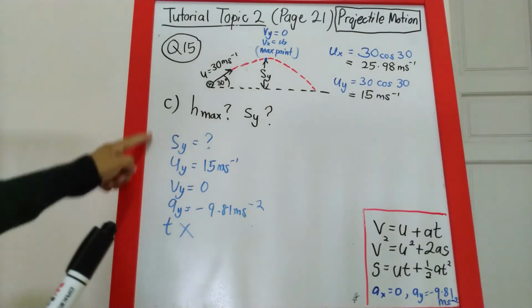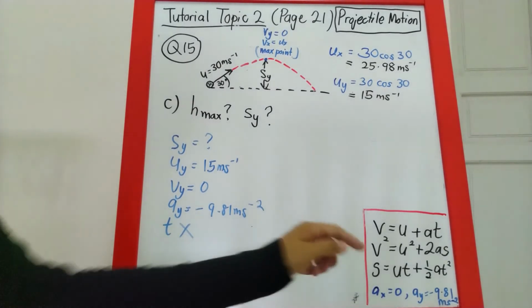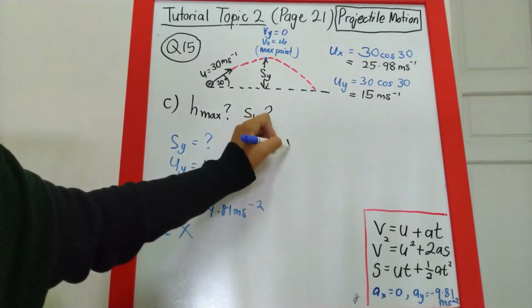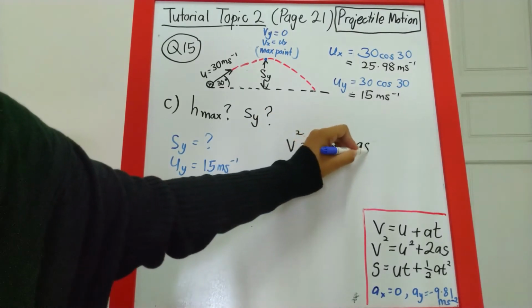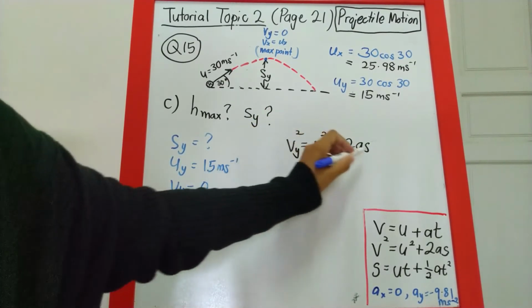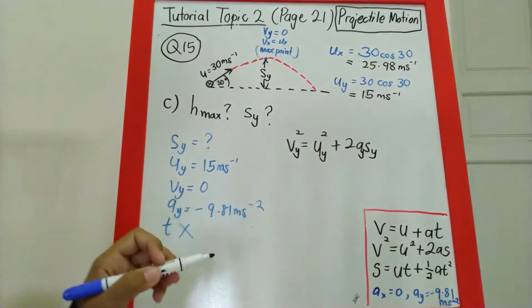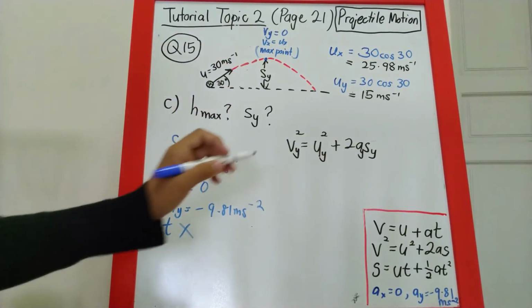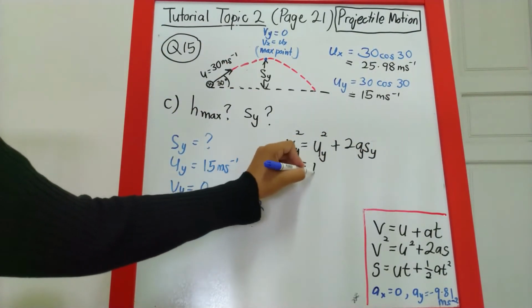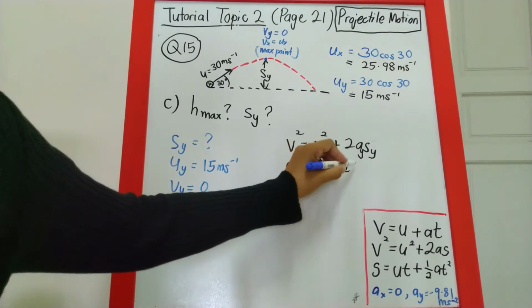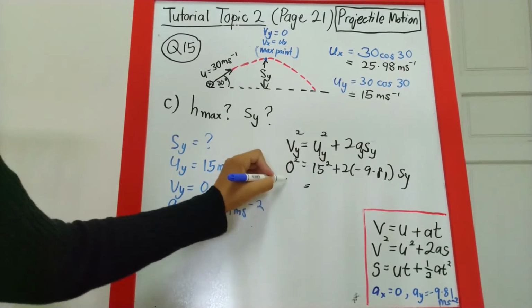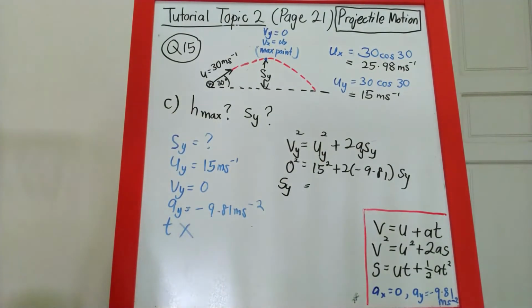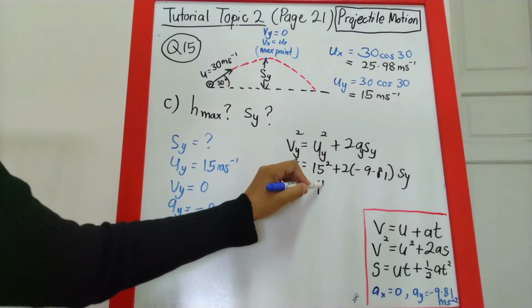So the most suitable one is the one without time, therefore the second equation, Vy squared equals Uy squared plus 2AsY, labelled as y component since we are doing the y component. Substitute all the values and you will get Sy equals 11.47.